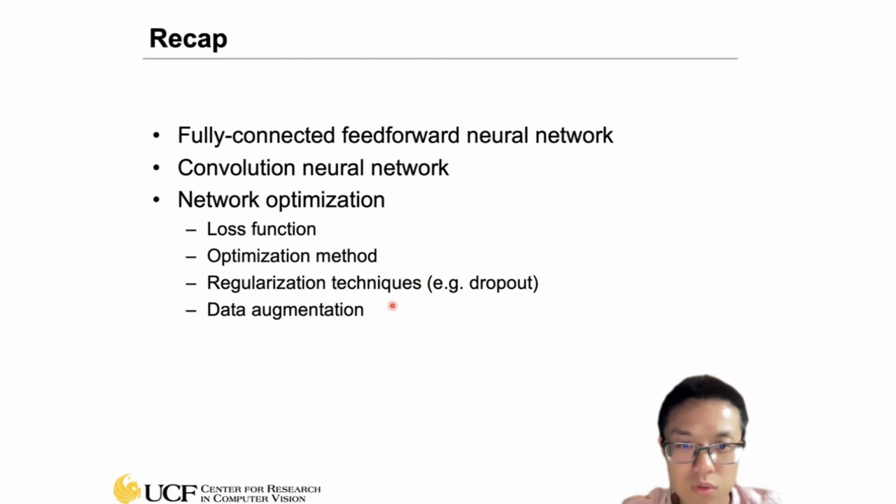This will also cause an overfitting issue, because some of the large networks are very data hungry and rely on large training data to learn meaningful representations or to combat overfitting. So data augmentation is a very useful, commonly used technique that lets you increase your training data, which also helps alleviate the overfitting issue.